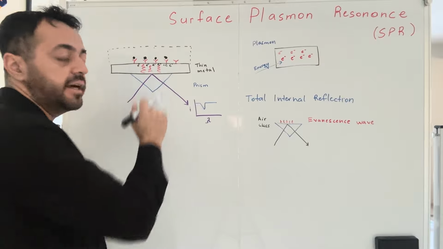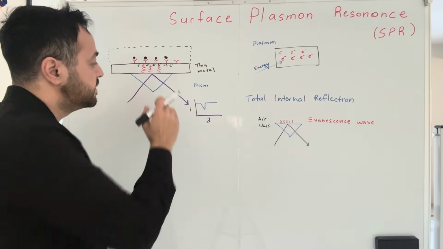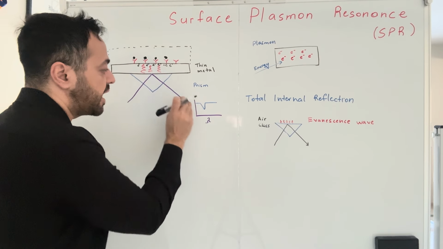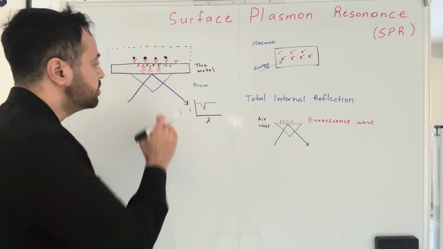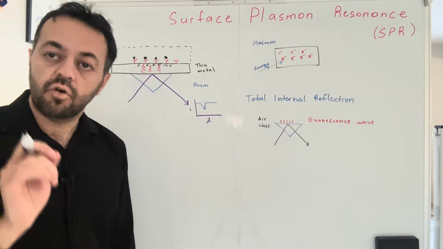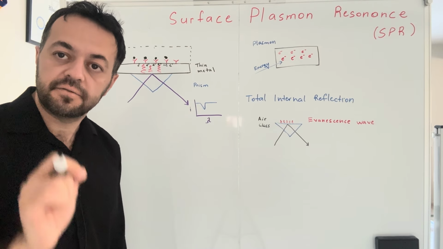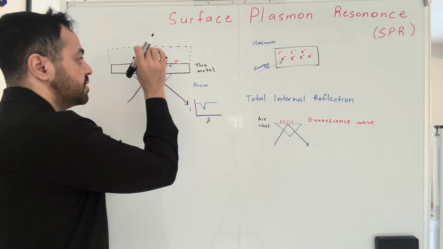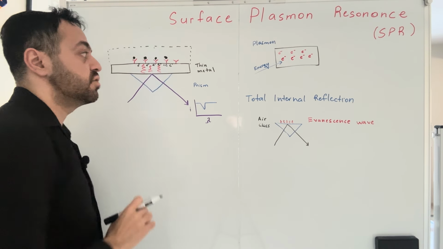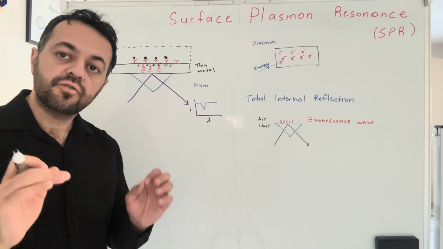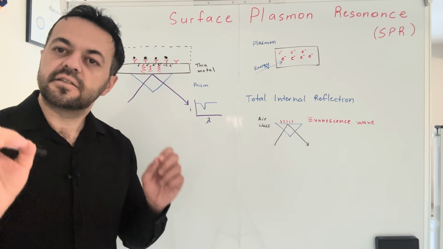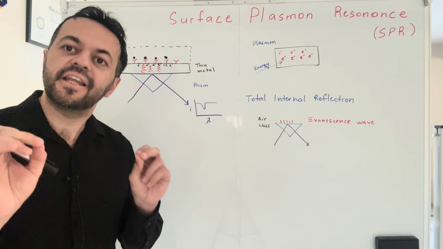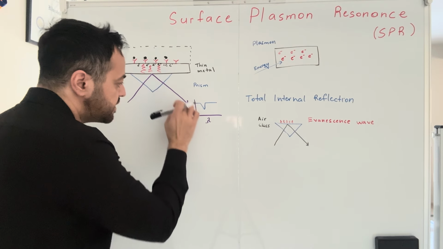So that will affect the radiation that's coming back. So now this evanescent field is no longer the same evanescent field that was in the beginning, when the analyte was not there. A change of refractive index slightly changes the reflectivity of the light.